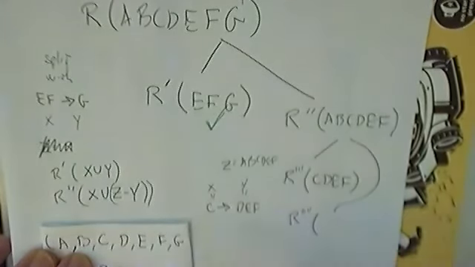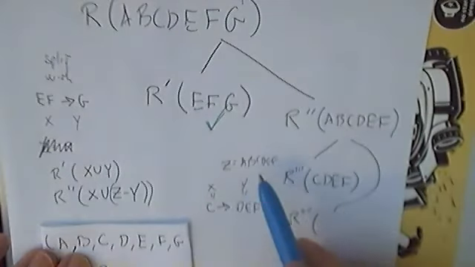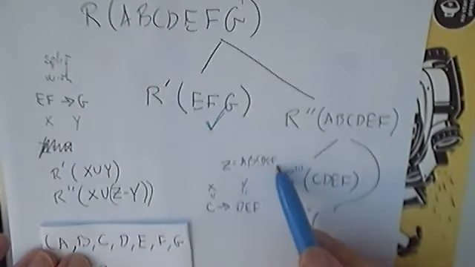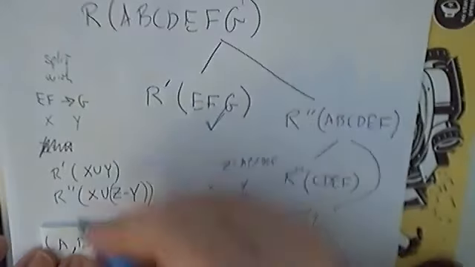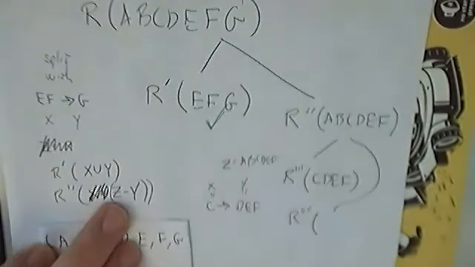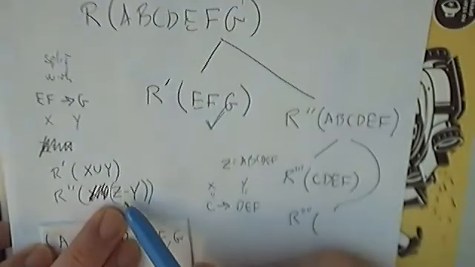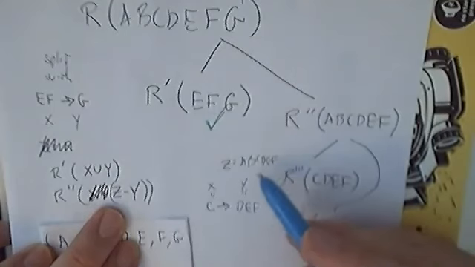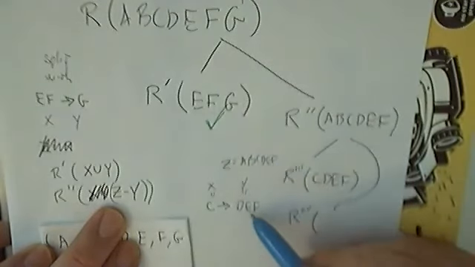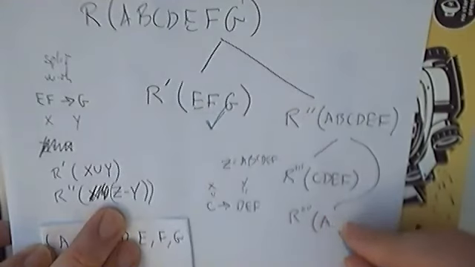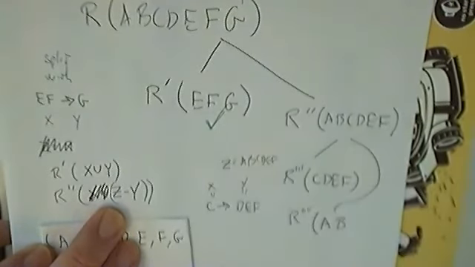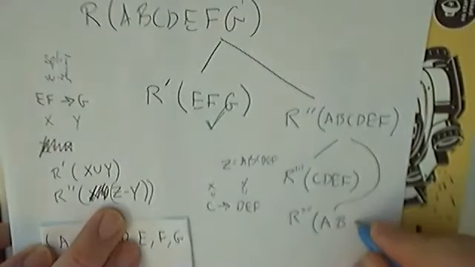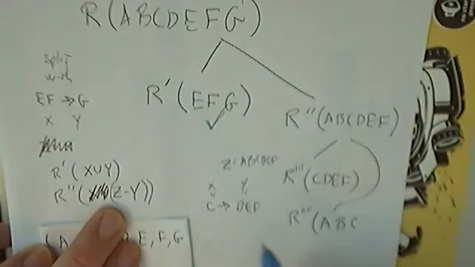It's going to have Z, which is A, B, C, D, E, F, minus Y, which is D, E, F. So that's going to give us A, B, C. Is that right? Yeah.